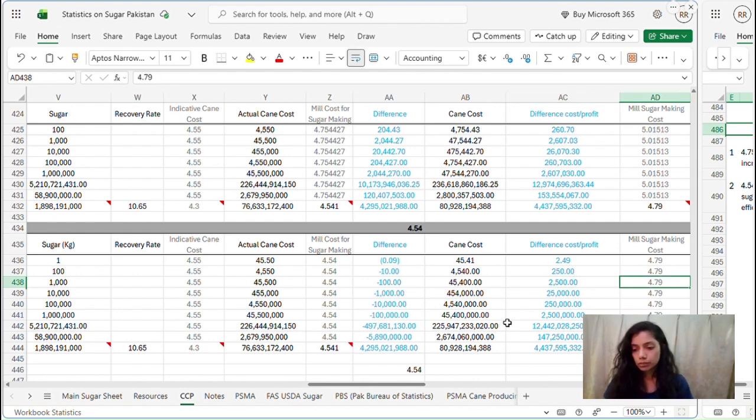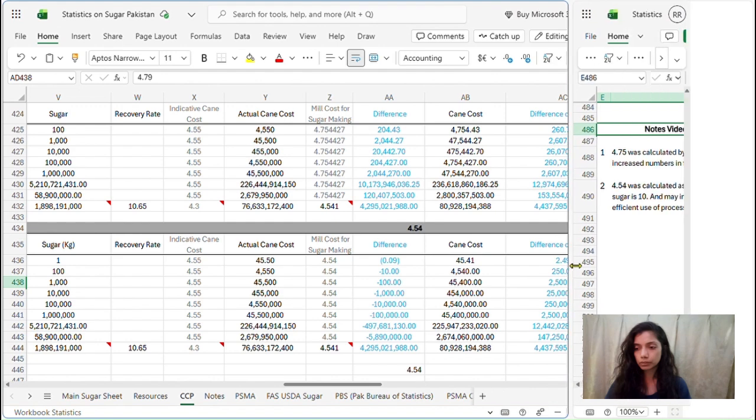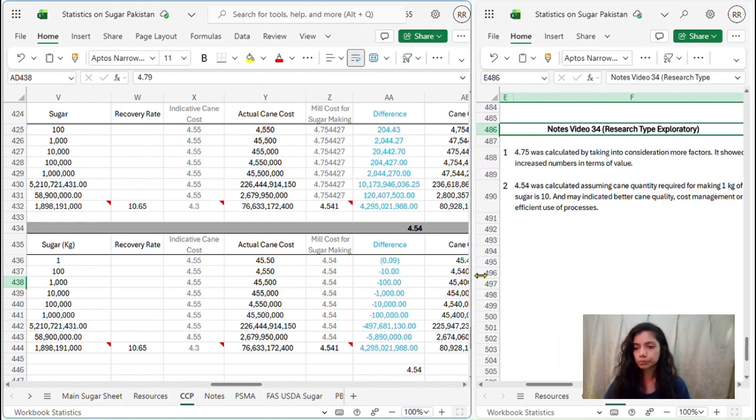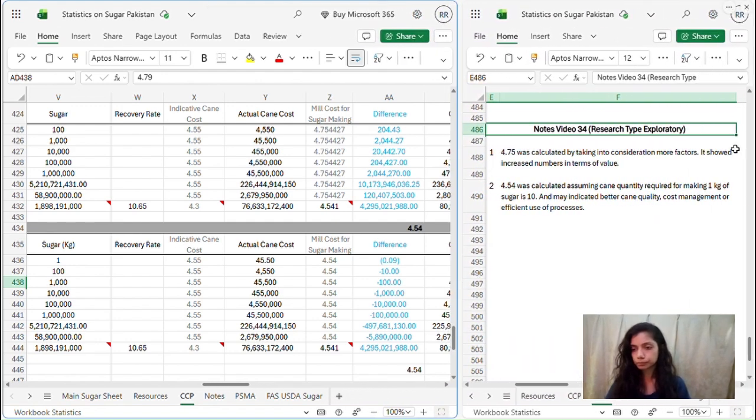Yes. So this was all, and this was very technical, and it took me some time to understand this, and it was too confusing as well.